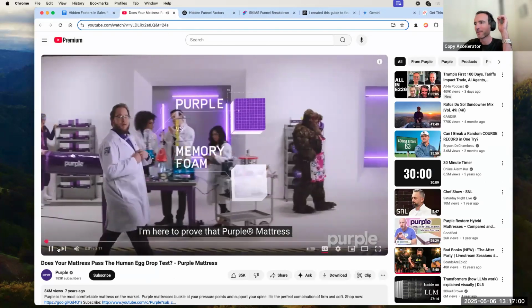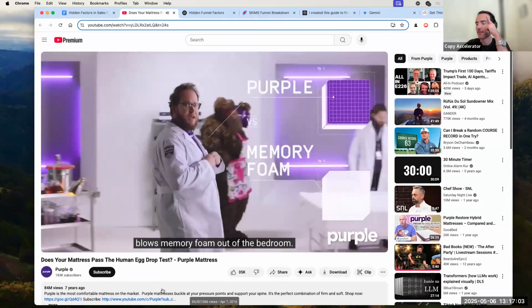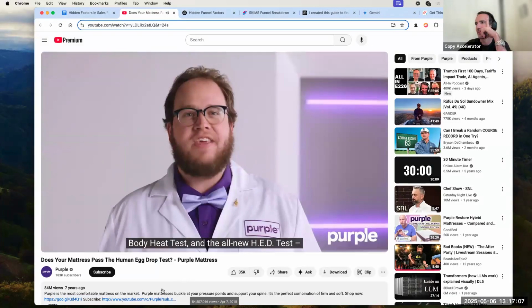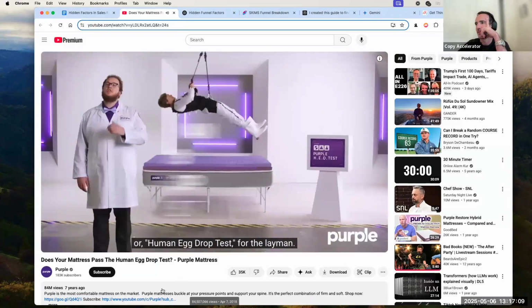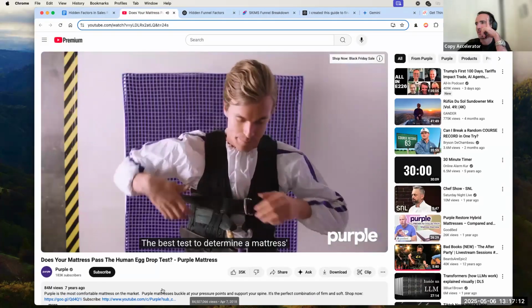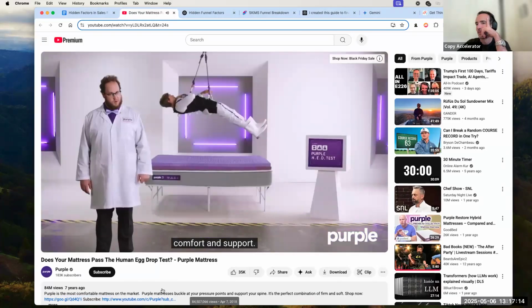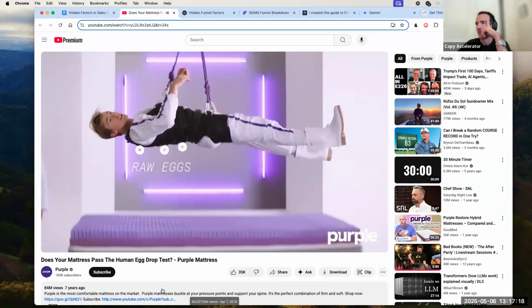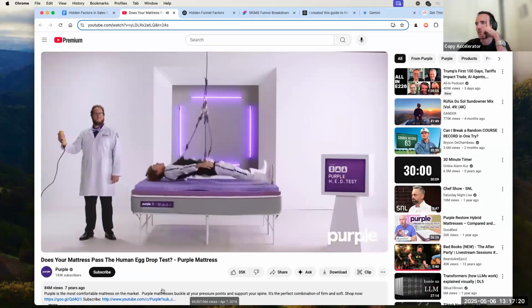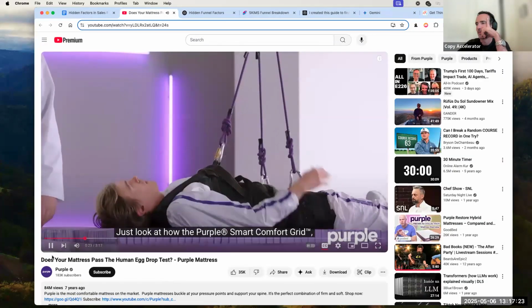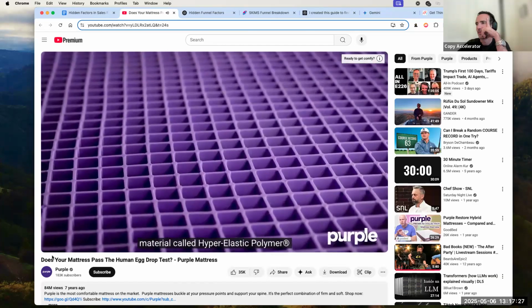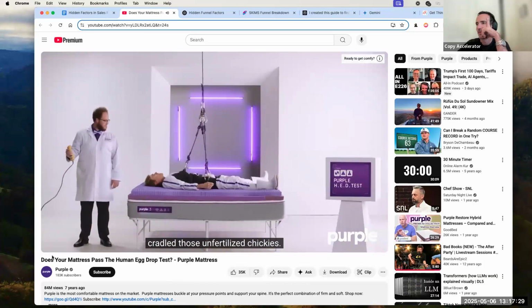right? The Purple mattress blows memory foam out of the bedroom. Only Purple passes the durability test, body heat test, and the all-new HED test, or human egg drop test for the layman. The best test to determine a mattress's comfort and support. Ready, Billy? No, I just accepted. Perfect. Just look at how the Purple Smart Comfort Grid, made from a super comfy yet ultra supportive material called hyperelastic polymer, cradled those unfertilized chickies. And yeah, they're pretty real.